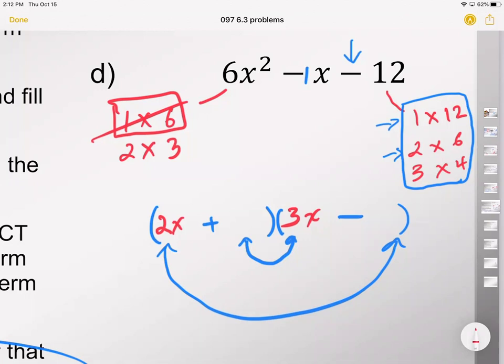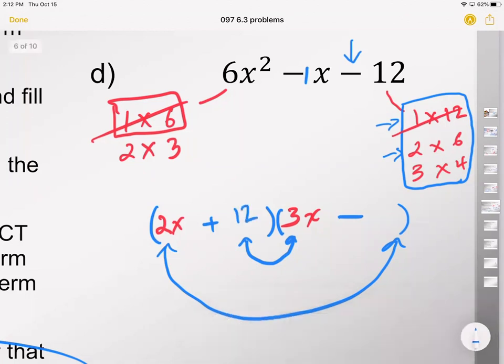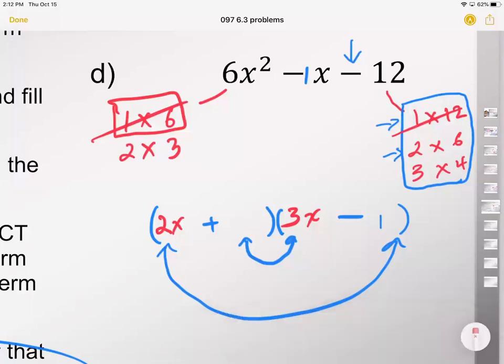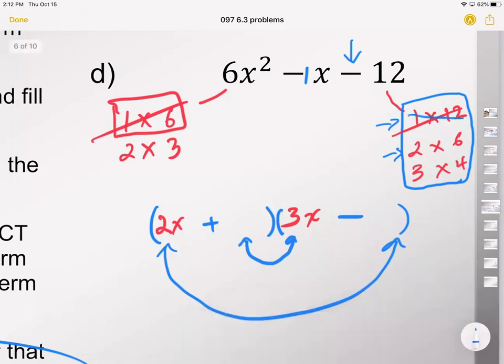So everybody see that I can eliminate the 1 and the 12. Why can I eliminate the 1 and 12? Do you agree that no matter where I put the 12, based on my definition, I cannot put the 12 here. Neither can I put the 12 here because 2 and 12 have a common divider of 2, and 3 and 12 have a common divider of 3. So the 12, nope, we cannot use it, ladies and gentlemen. The 12 is not there.